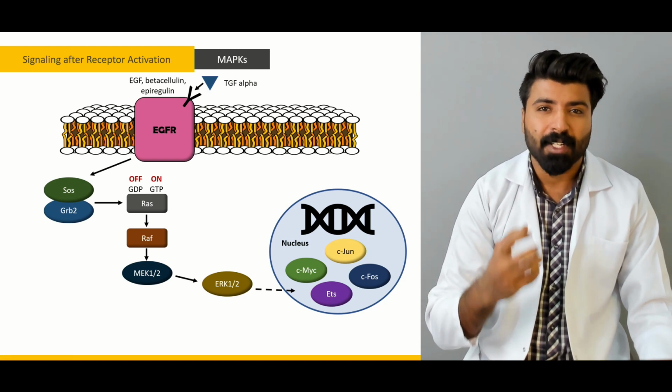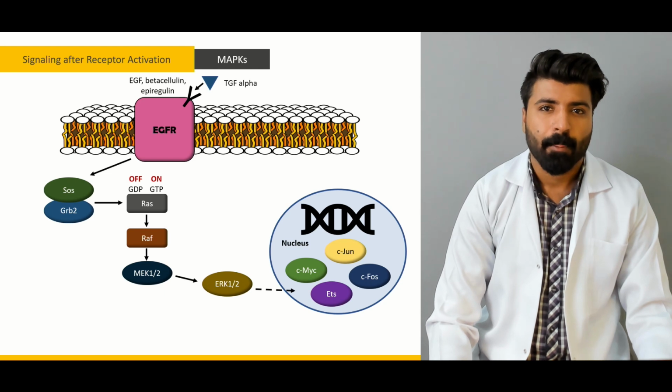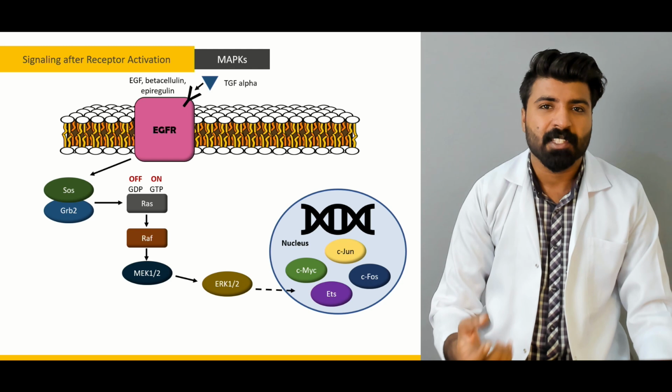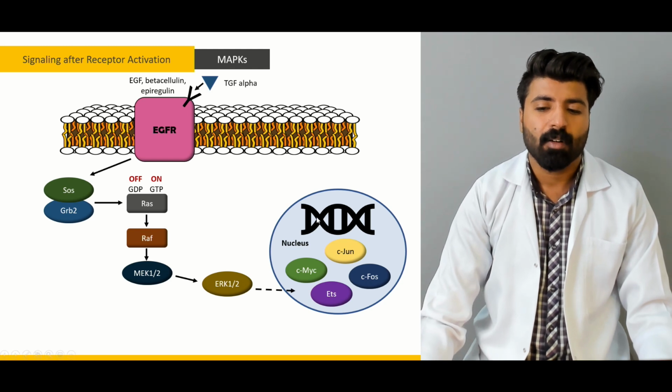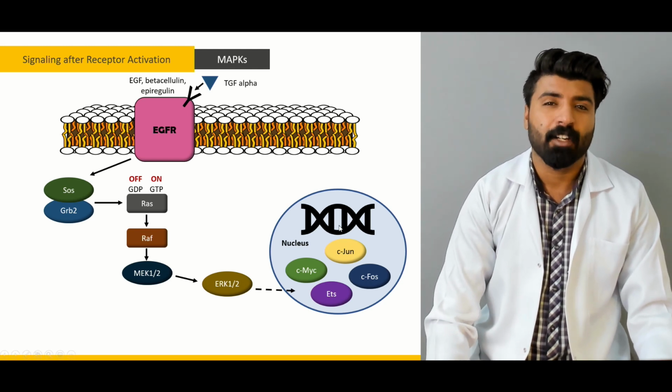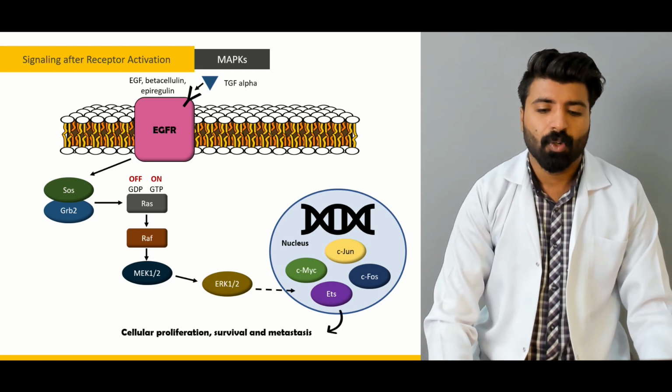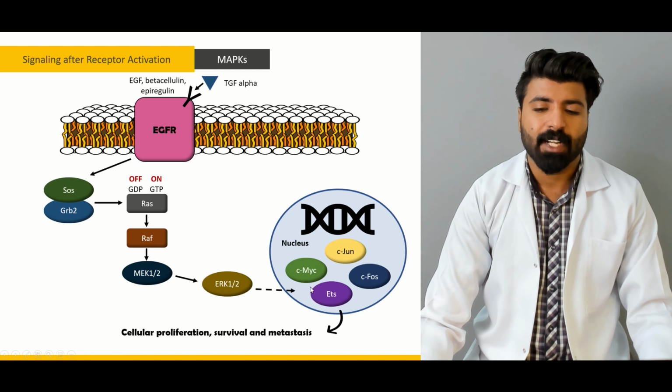These are genes present on your chromosomes. It depends on which kind of message has been sent and which of these or many others will get affected. So, what happens afterwards when it gets the message? Cell proliferation, survival, and metastasis happen.